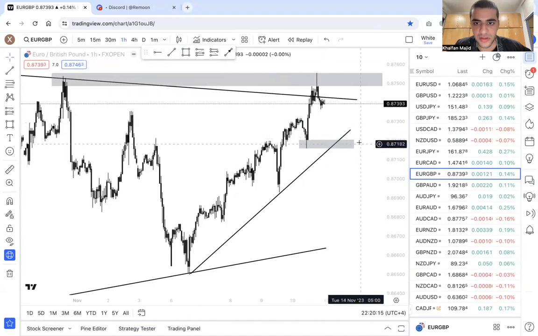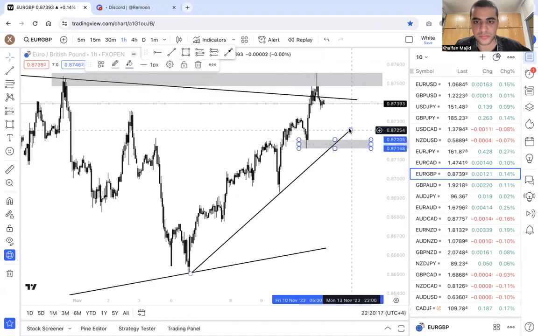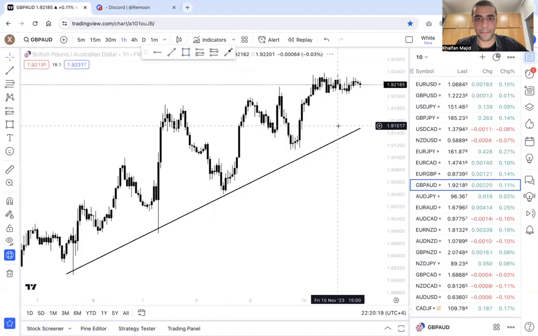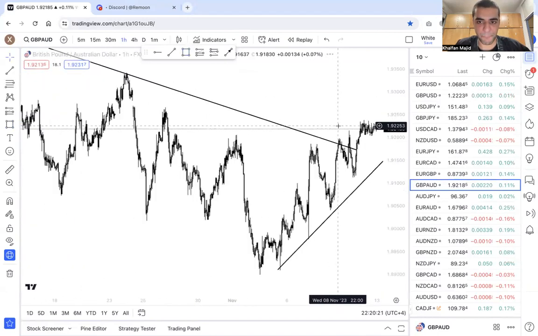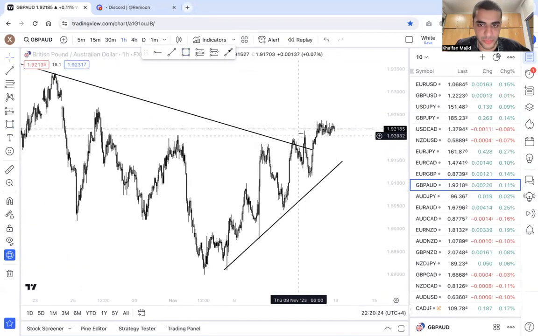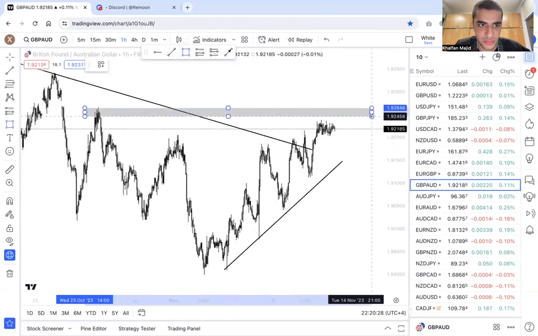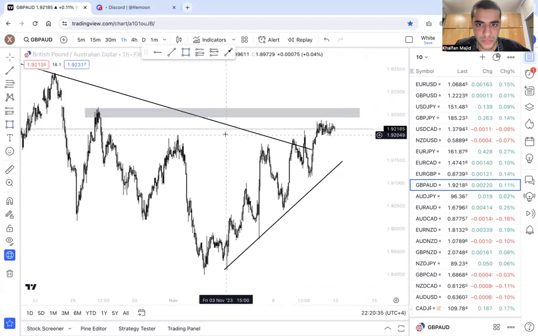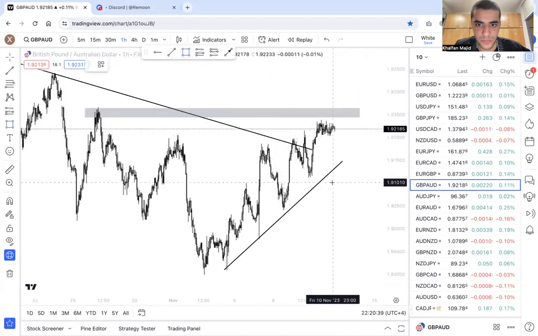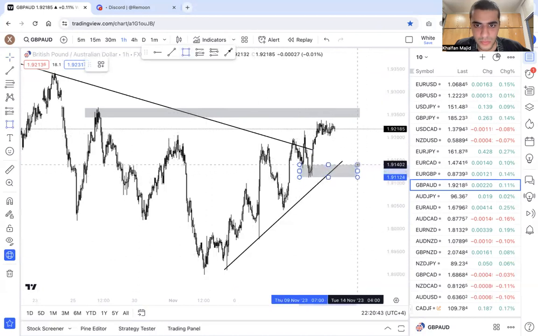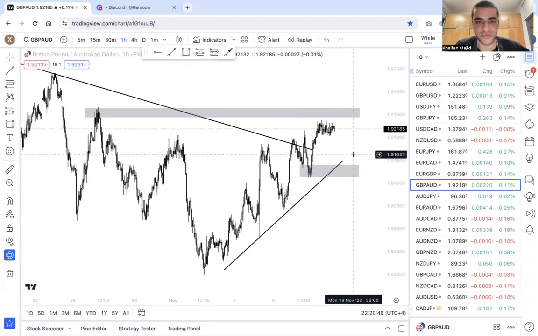But yes, that's a zone. It's super ranging, so you don't want to trade the ranges. And then you can always adjust the zone.